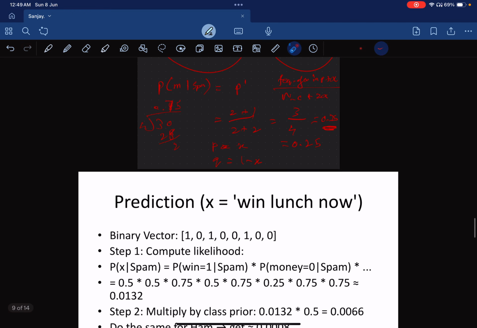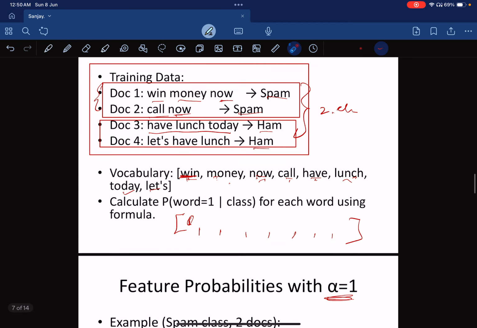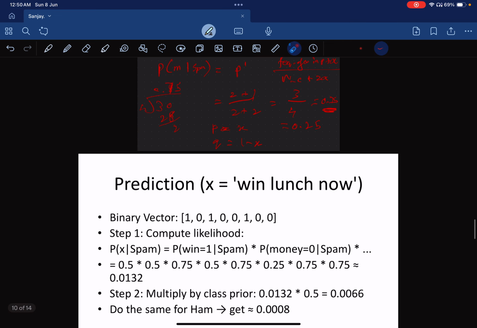The next is money; the given words don't contain money, so we put 0.